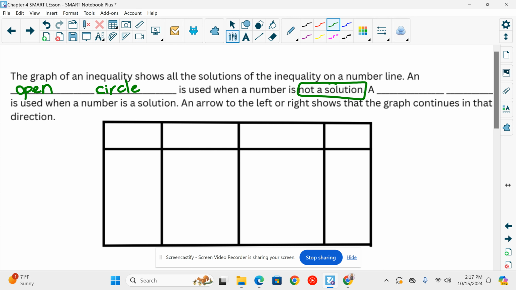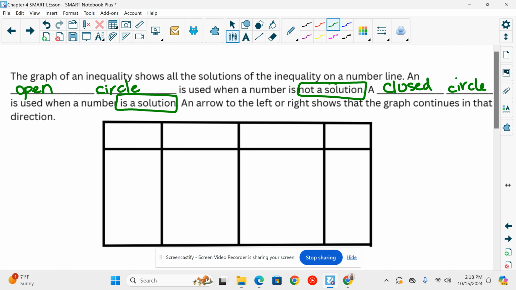If it is part of the solution, if it's included, then it's going to have a closed circle or dot. If it has the equal to part, then it's included and it's going to be closed. If it doesn't have the equal to part, it's going to be open because it's not included.